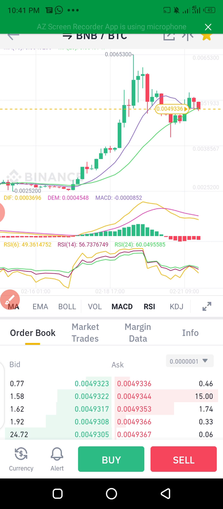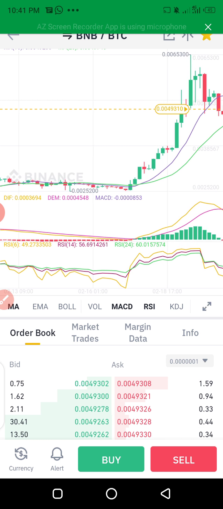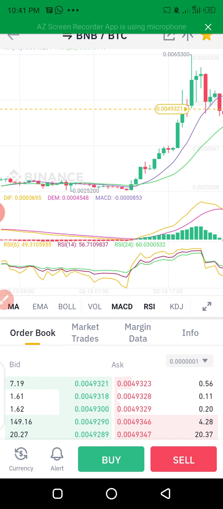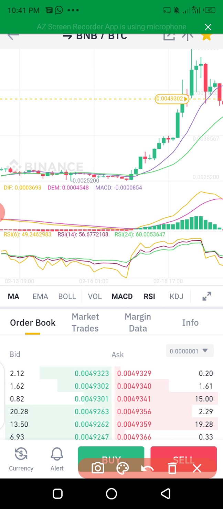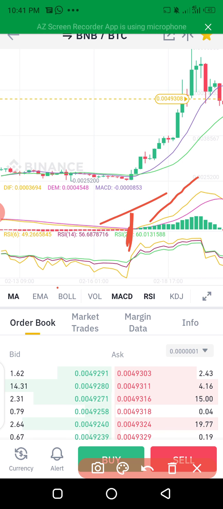So this MACD line also gives signals. You see here that the signal line crosses the MACD line here. So the market is going upward. The signal line crosses the MACD line here. So the market is going in an upward direction since here.